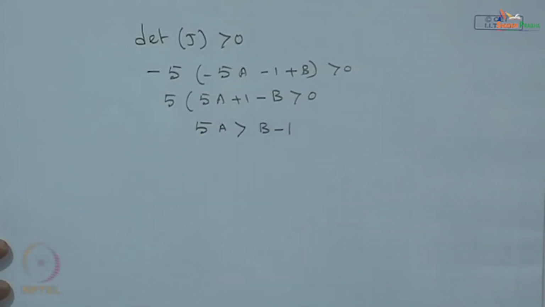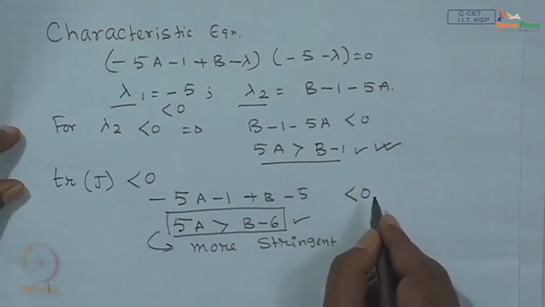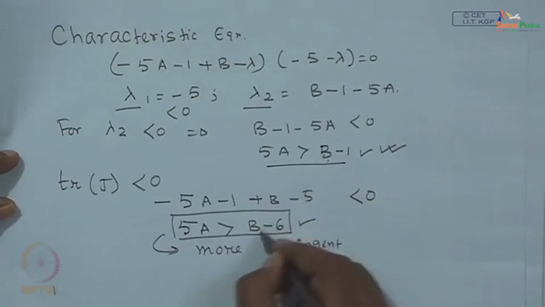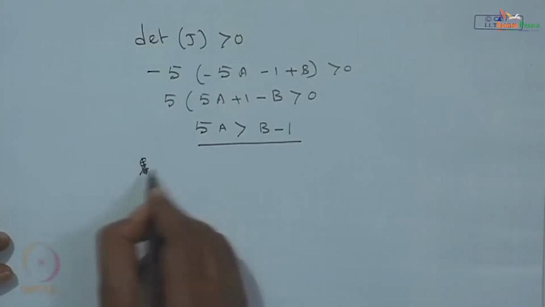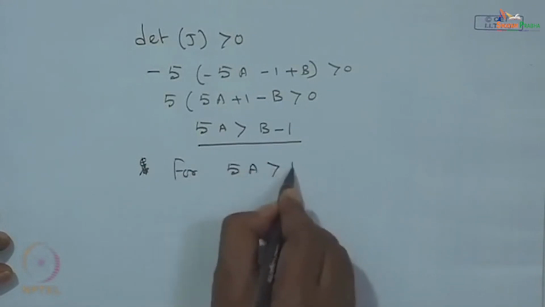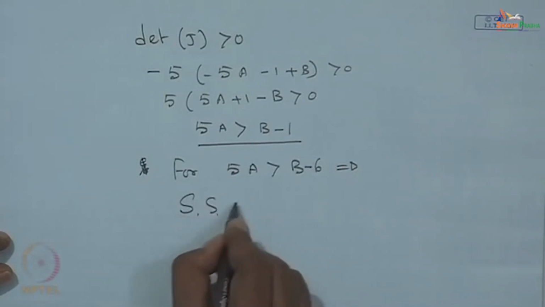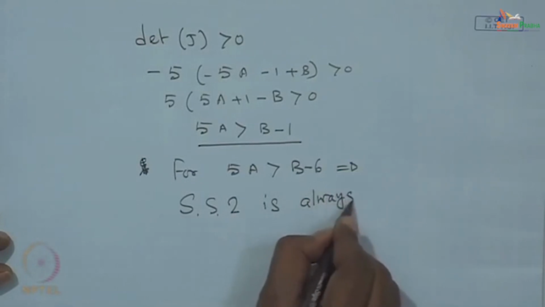If you remember, we already got this equation earlier. So, 5a is always greater than b minus 1. So, therefore, between these two conditions, since it is the more stringent condition, we can say that for 5a greater than b minus 6, the steady state S2 is always stable.